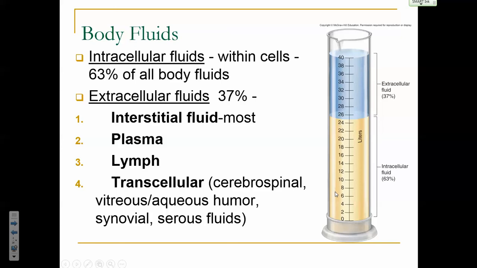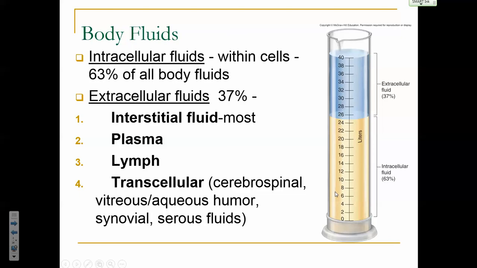But of the extracellular fluids, you have a lot of different kinds, like interstitial fluid, that's the intercellular, isn't it? Or tissue fluid in between your cells. Most of your extracellular fluids are in that compartment, interstitial fluid. You need to make sure you know that. Okay? But then you also have blood plasma, another extracellular fluid, as is lymph.